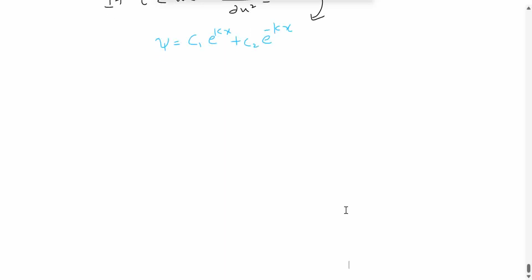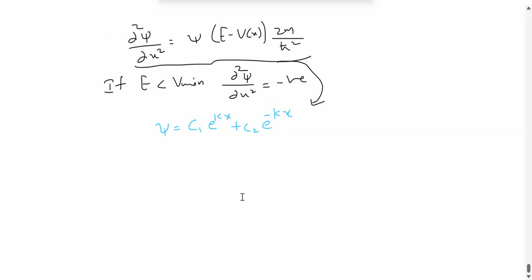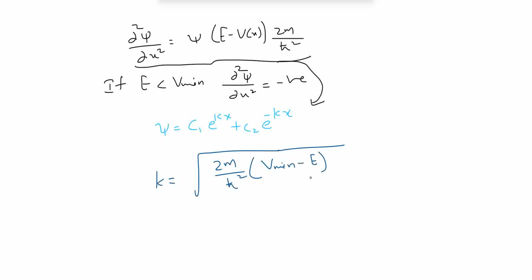So now what is k? Let's write k as well. From the equation you can see that k is equal to under root, basically roots of the differential equation, 2m by h cut square, times V minimum minus E, because we are comparing with V minimum.